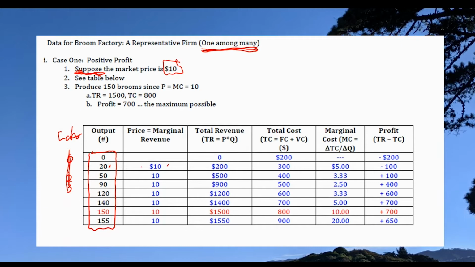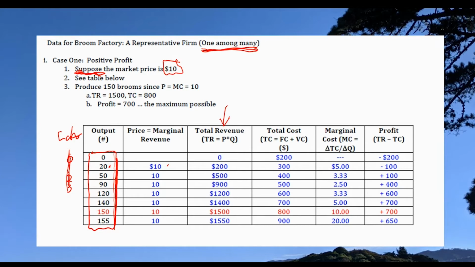So $10 becomes the price they receive regardless of how much output they produce. And this is what's different now from the previous display. In the previous display, in order to sell more output, you had to lower the prevailing price in the marketplace. But now, again, these outputs are small compared to the market, and therefore the firm can sell everything at the price of $10.